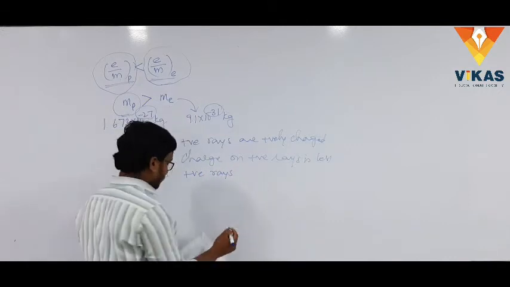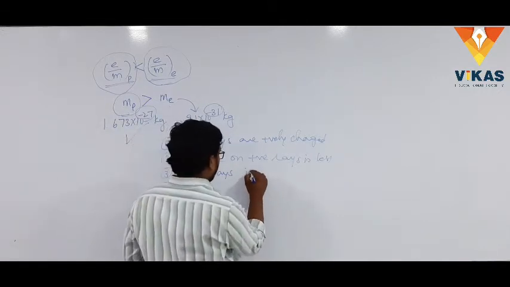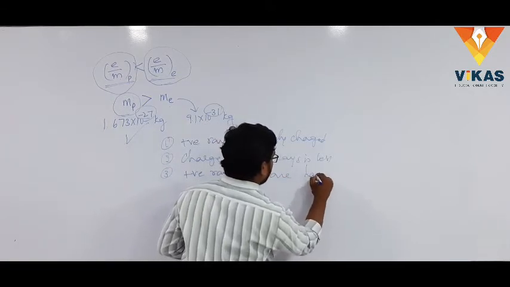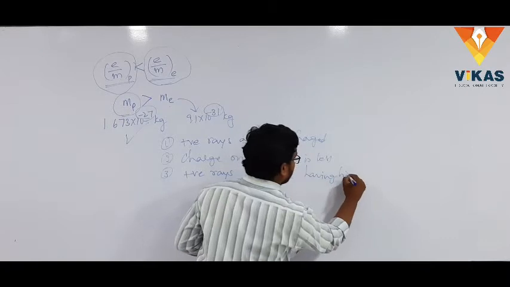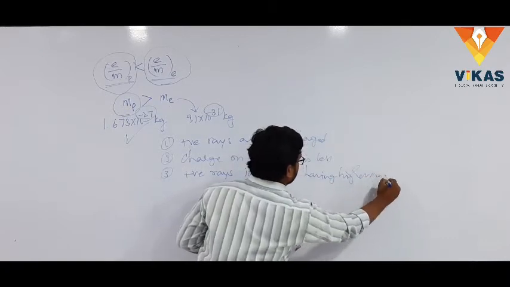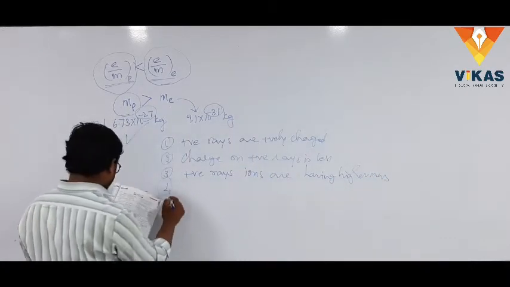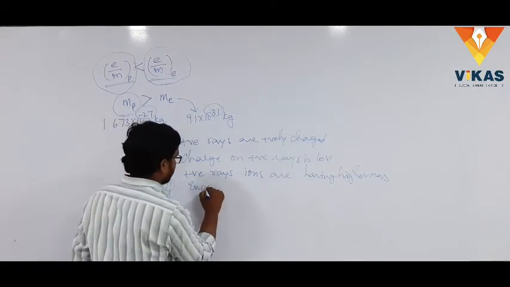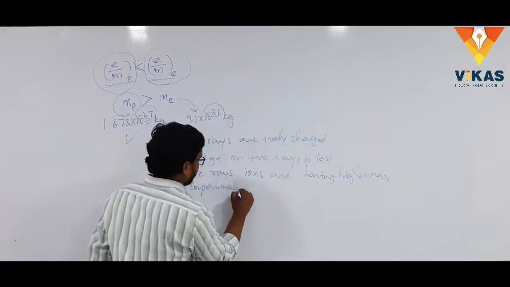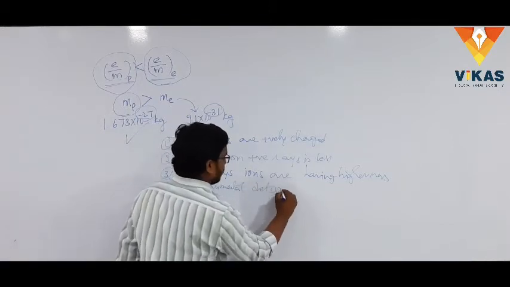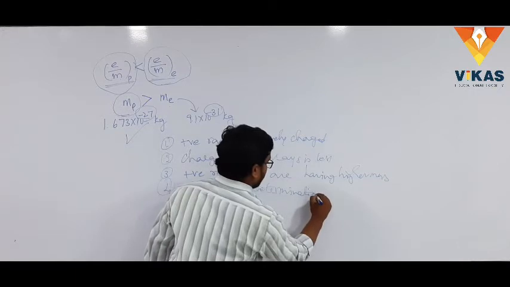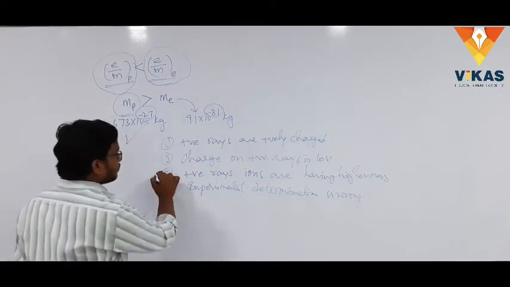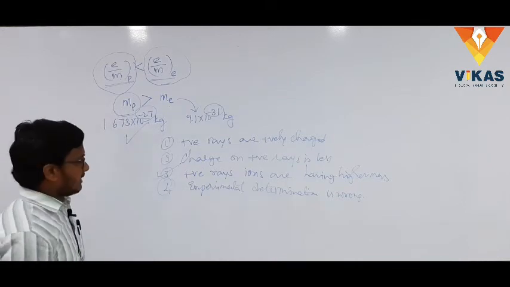Positive rays, ions, are having higher mass. And the last one is experimental method for determination is wrong. We saw the explanation as positive ray ions are having higher mass, right?